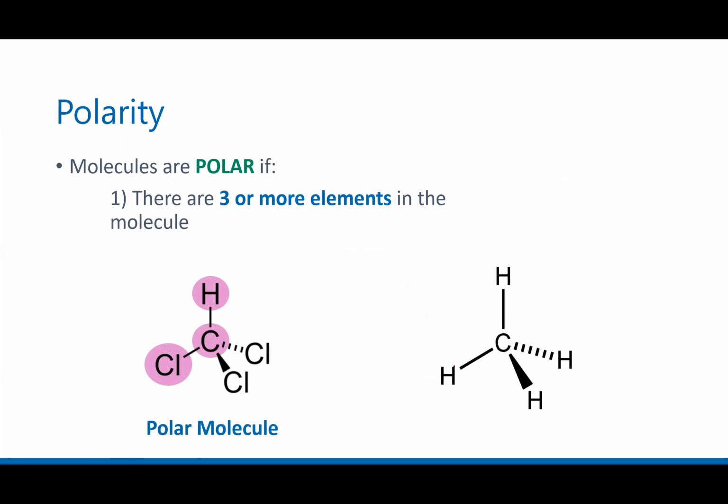So there are a few rules you have to remember here. Molecules are polar if there are 3 or more elements in the molecule. Now, one thing I should stress is 3 or more different elements.